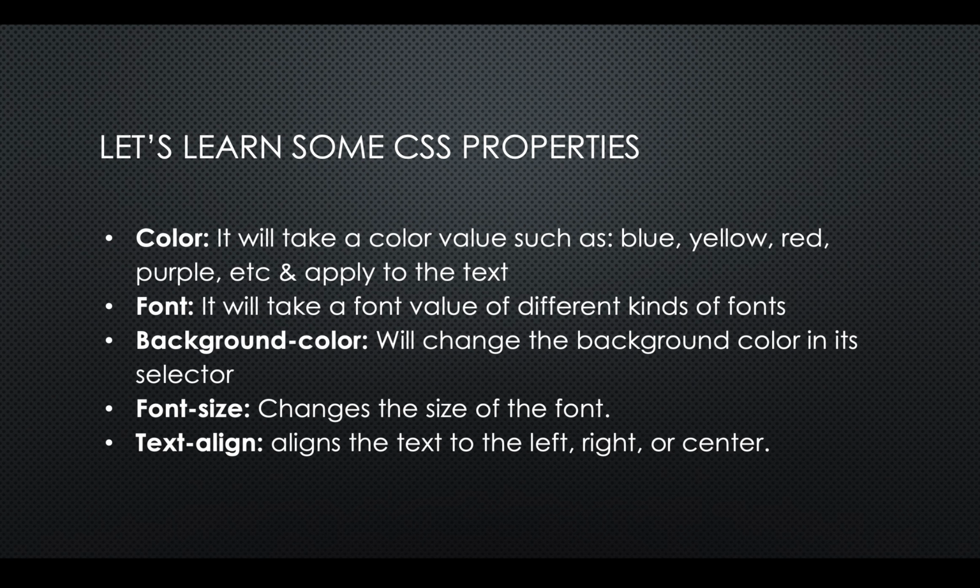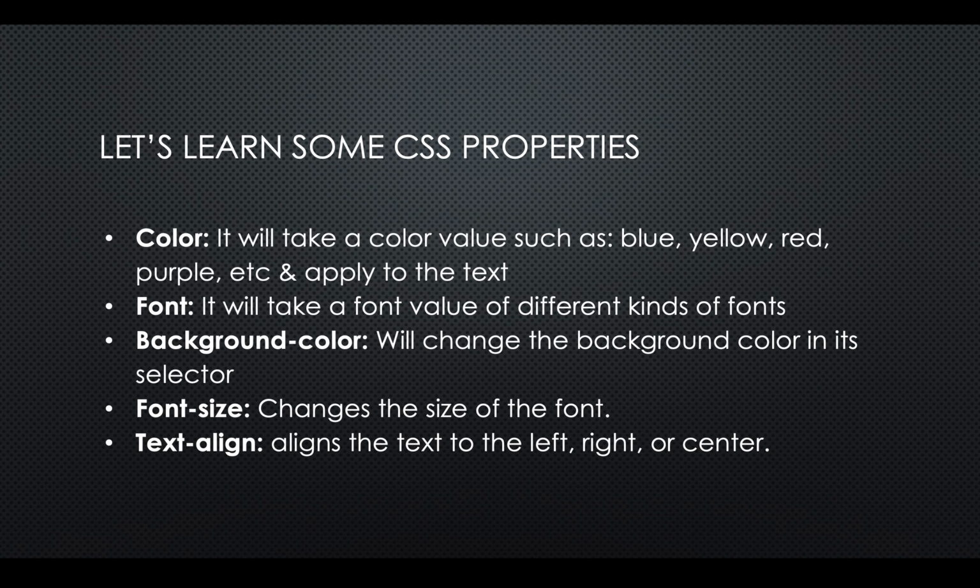Let's learn some things about some CSS properties. We have color. It will take a color value such as blue, yellow, red, etc. and apply it to text. There's also another thing with colors that we can use: hex code. We will get into some of those, where it is a numeric value that gives a much wider range of colors instead of just putting a basic color such as blue.